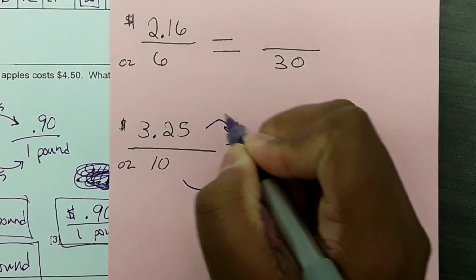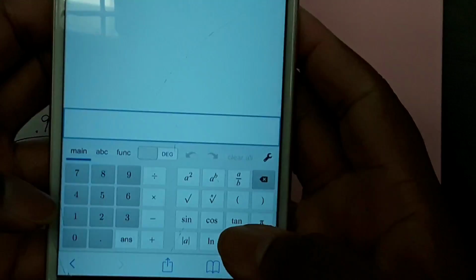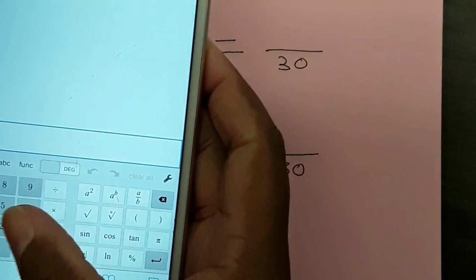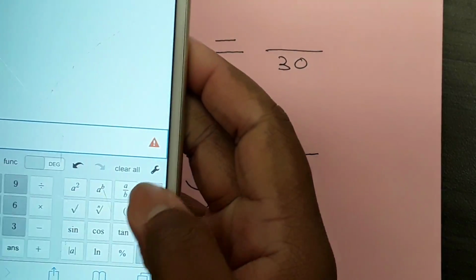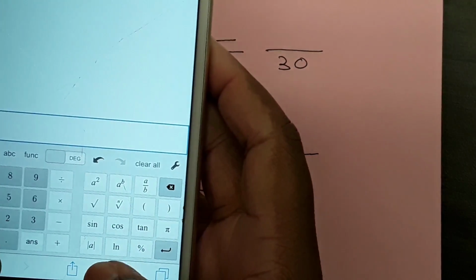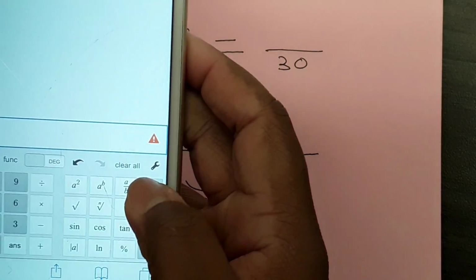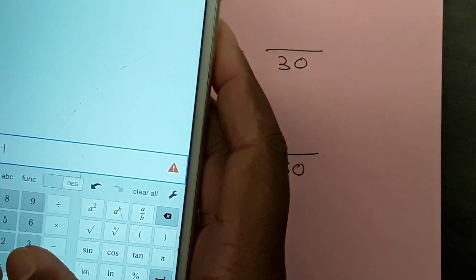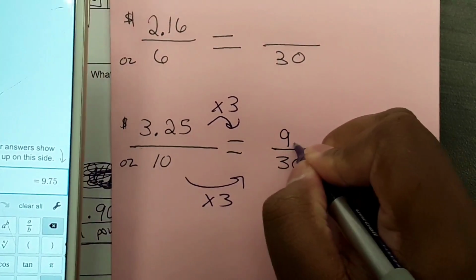You're doing the same thing on the top that you did to the bottom. Using my calculator here, $3.25 times 3 gives me $9.75.